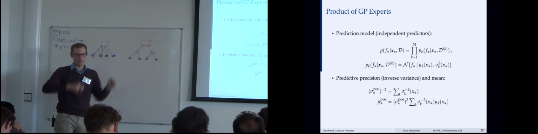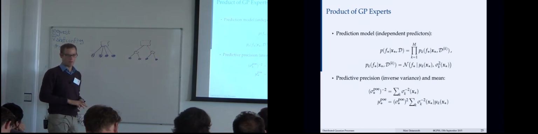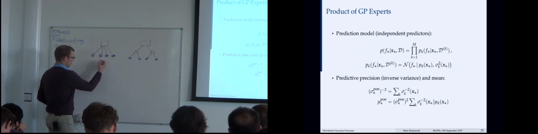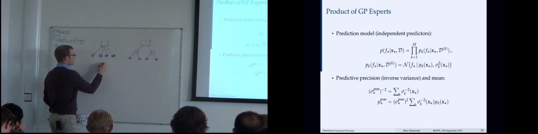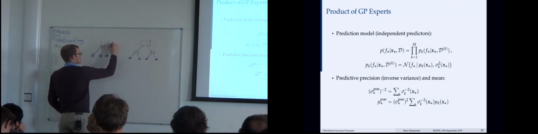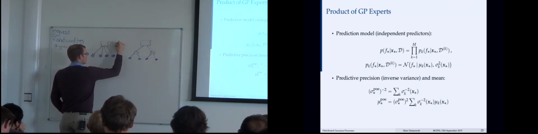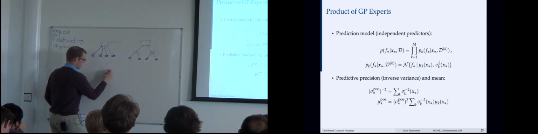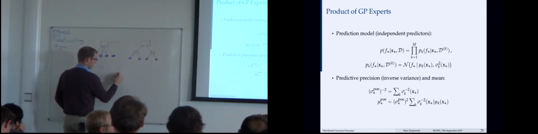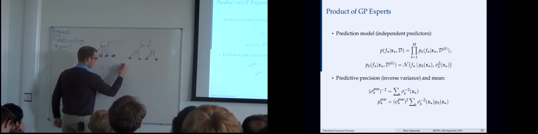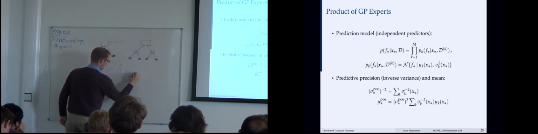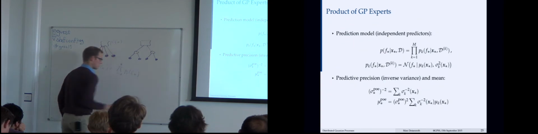So we have one more level in the hierarchy here. If this is p of f star, this is the product of i equals 1 to 4 of p_i of f star.